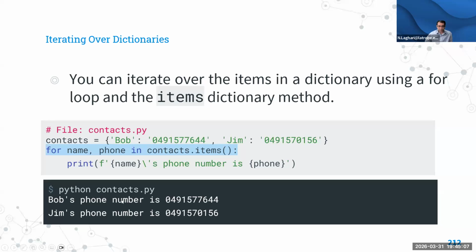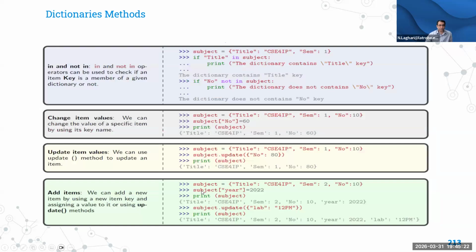So you say Bob's phone number is this and Jim's phone number is this. So name and phone would be assigned these keys and their relevant values one by one, and they'll be printed like so. And then the methods in and not in can be used the same way we use with sets.